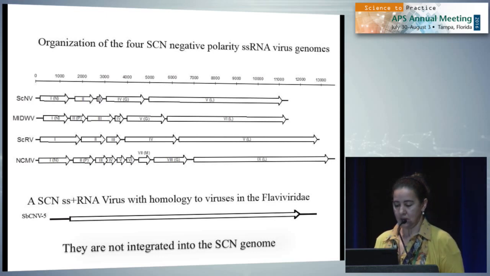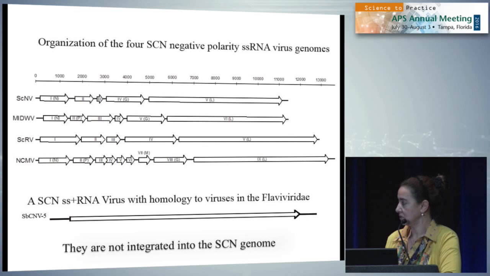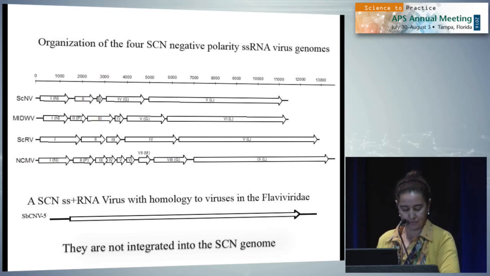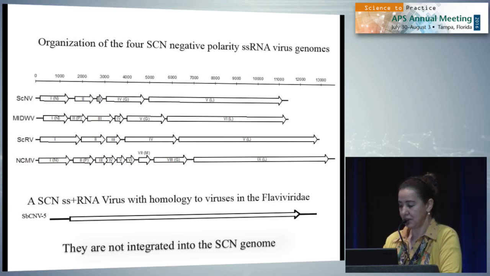The RSV from the nematode seems to be closely related to the NCMV virus. And the genome ranges from 11 kilobase to 13 kilobase.